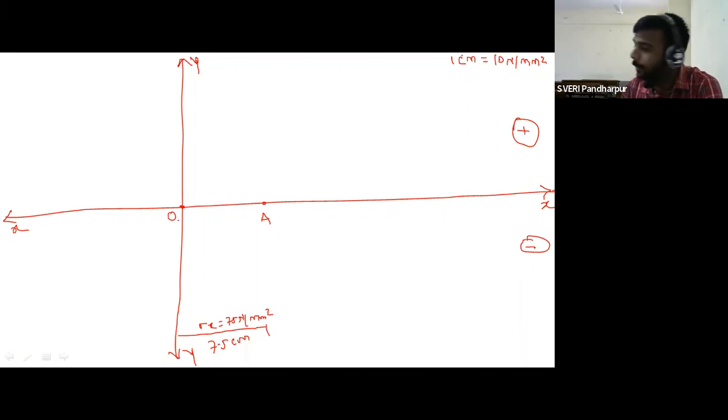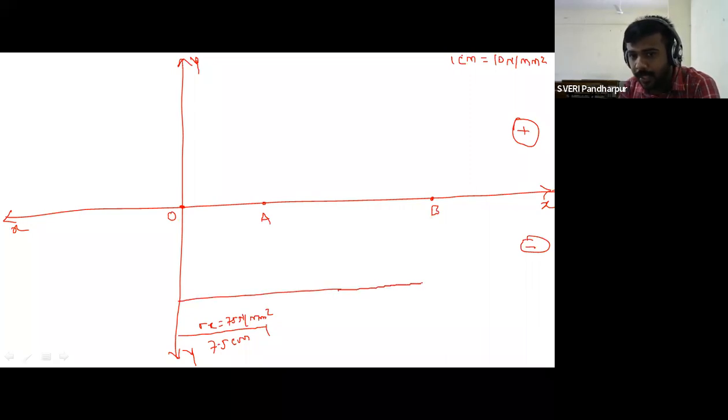At the point A, point B will go further ahead, because it is 15 centimeter. So here this is your point B. It is also right side of the origin because both are tensile. So here your sigma y. Sigma y is equal to 150 Newton per mm square or megapascal, which is equal to 15 centimeter.